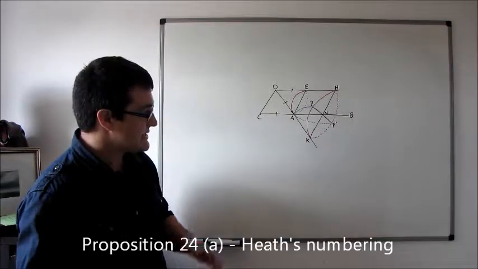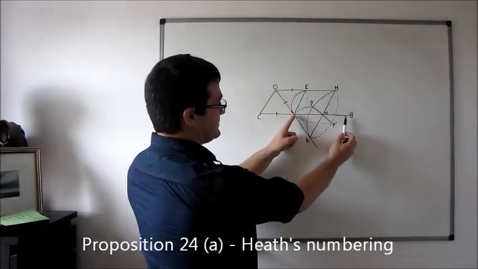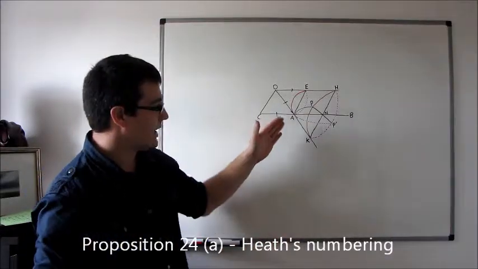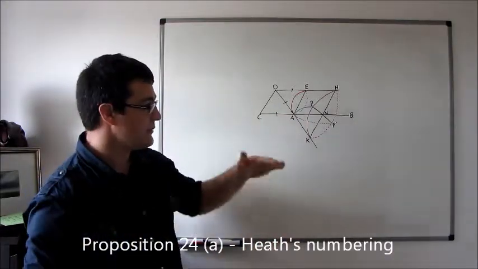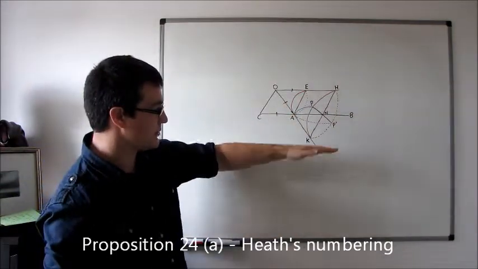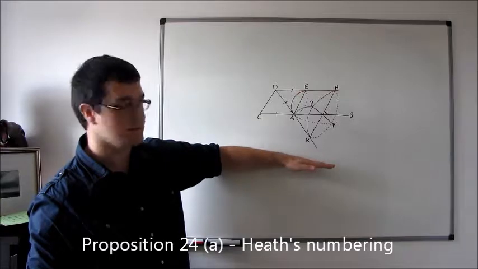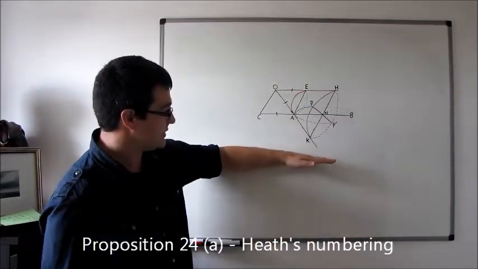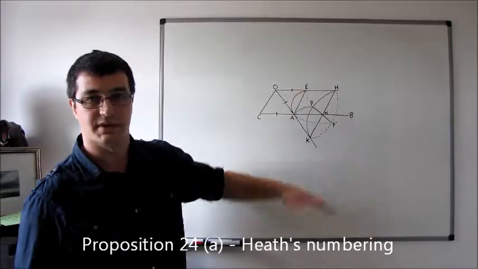Okay, but our starting point here is this line AB. We need to imagine this line AB as being contained in a plane that is perpendicular to the board but horizontal, horizontal to the bottom of the whiteboard here, something like that.